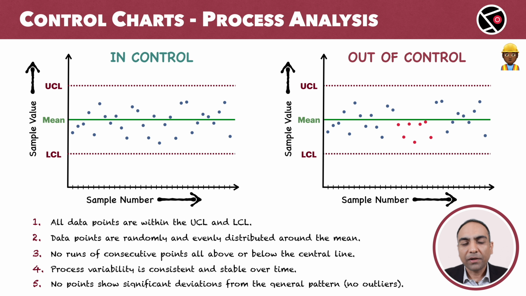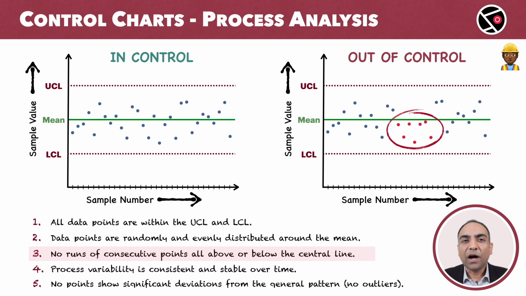Condition number 3. No run of consecutive points all above or below the center line. In the control chart on the left, the data points are randomly distributed on both sides of the mean. Now look at the control chart on the right. Over here, we have 7 consecutive points. 7 points, one after the other, all below the mean.